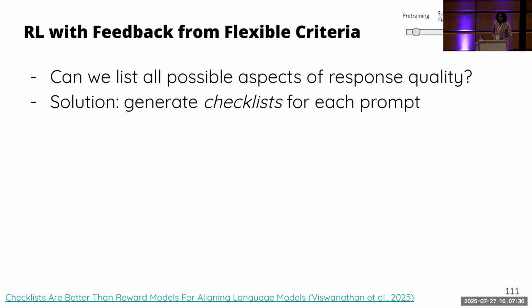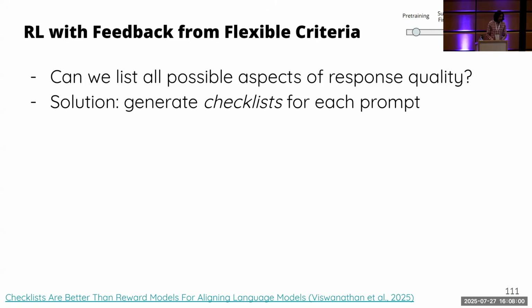However, a problem here is that we've shown that it makes sense that you might want to explicitly consider specific aspects of response quality. But is it possible to actually a priori describe every aspect of response quality that you care about? The answer is that it's clearly not.